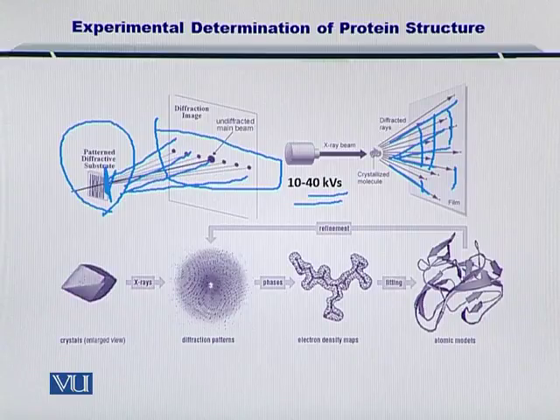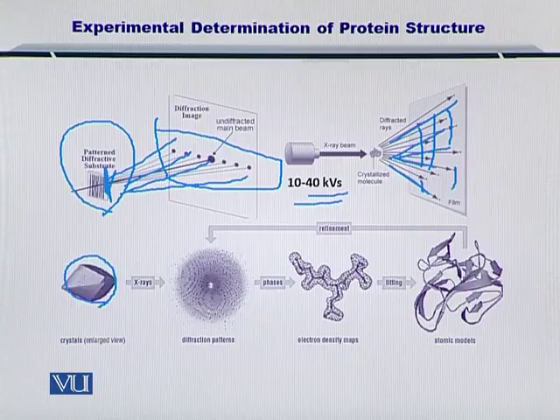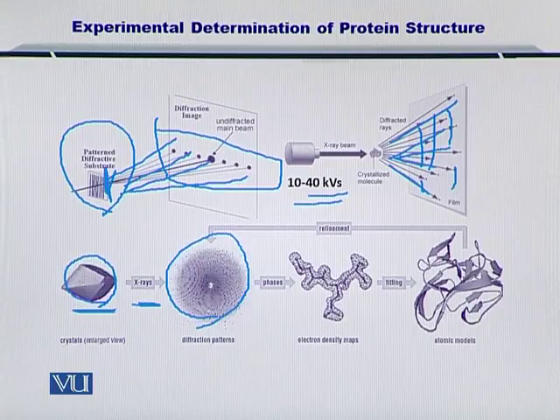But for that, first you need to crystallize your protein, because the X-rays are essentially diffracted by a solid crystallized protein only. Here below you have the crystal, and then you shine some X-rays on it, and this is how the diffraction pattern actually looks.